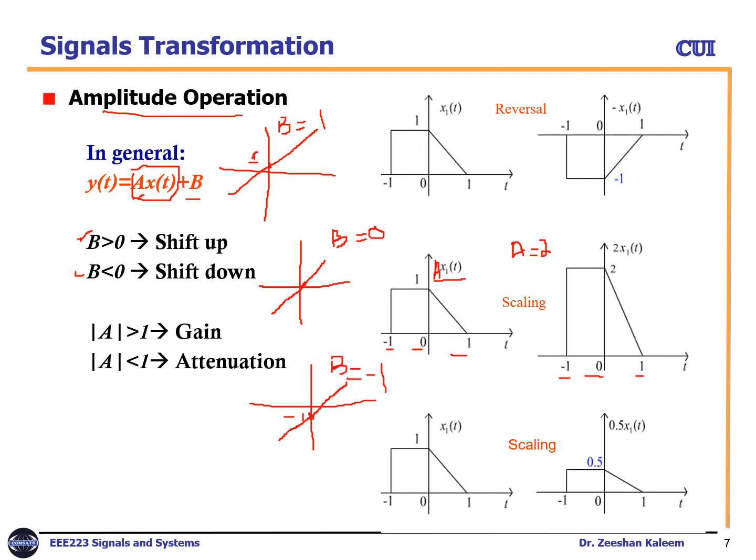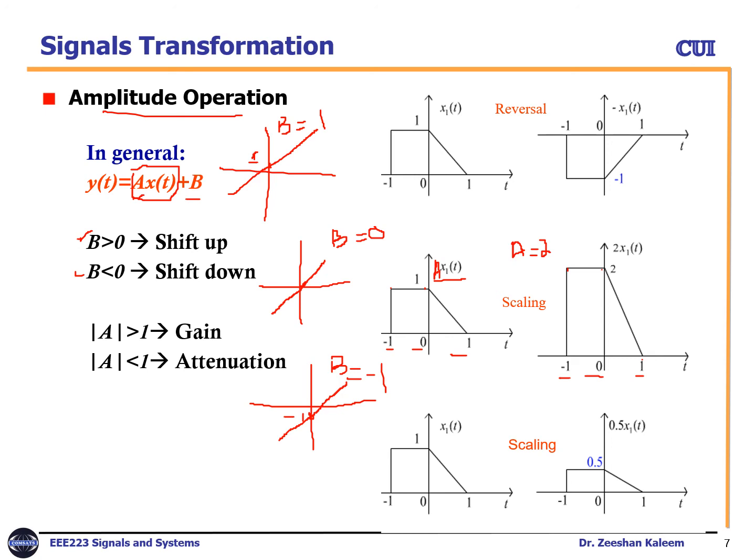The existing amplitude at minus 1 previously was 1, at 0 it was 1. If we scale by 2, at minus 1 it is 2, at 0 it is 2. But at 1 it was 0, so it is still 0. The other part is similarly scaled as well.